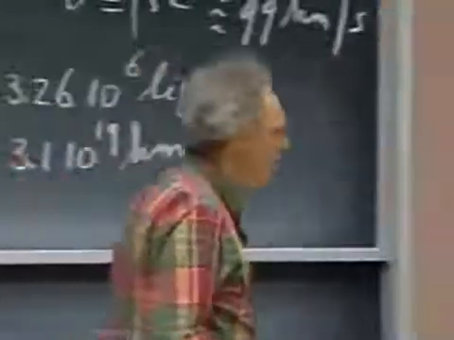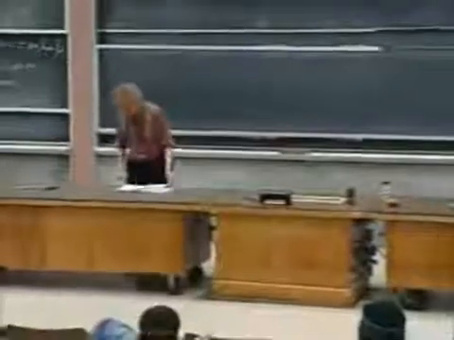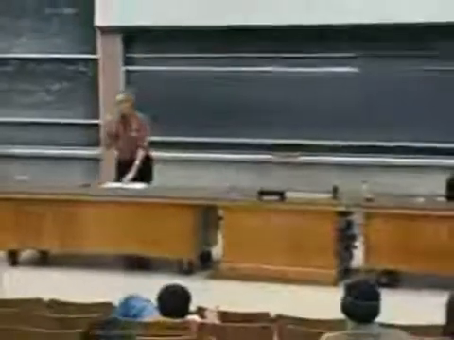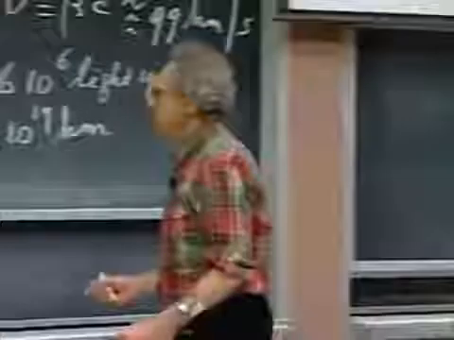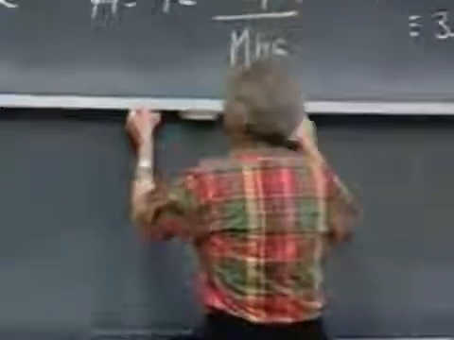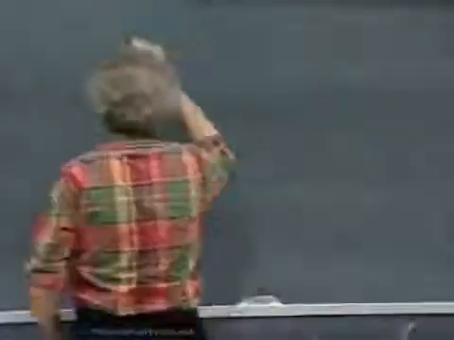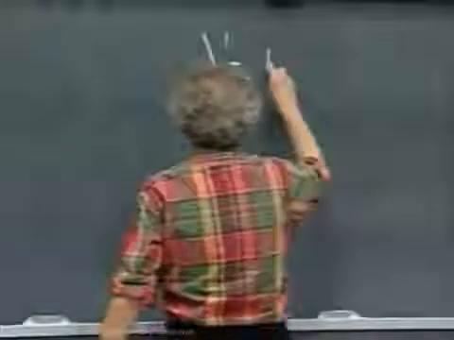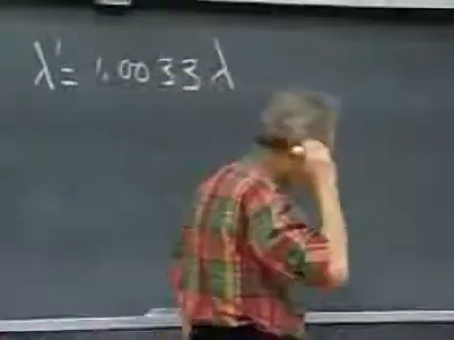So I could calculate for a specific galaxy that I have in mind, I can calculate the distance if I know the redshift. I have a particular galaxy in mind for which lambda prime is 1.0033 times lambda.